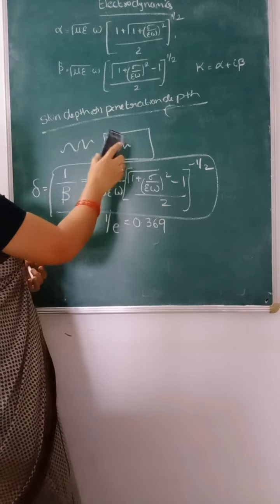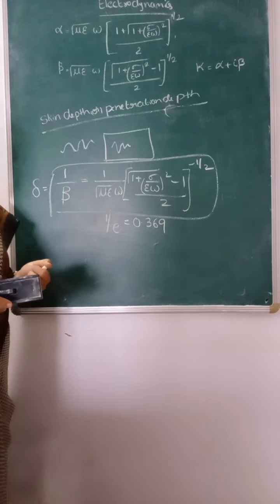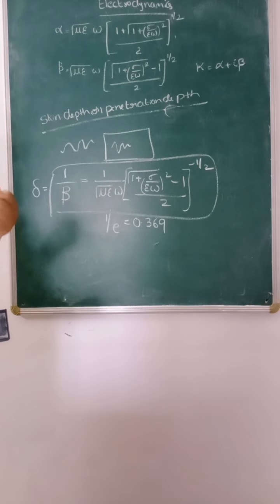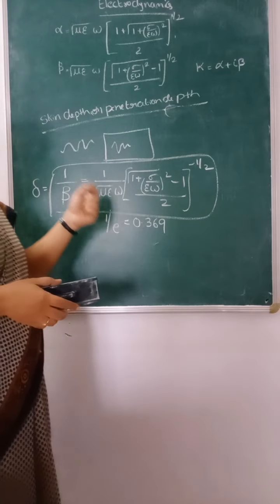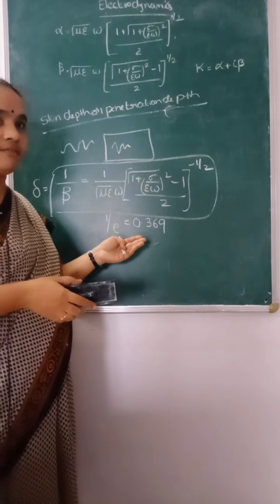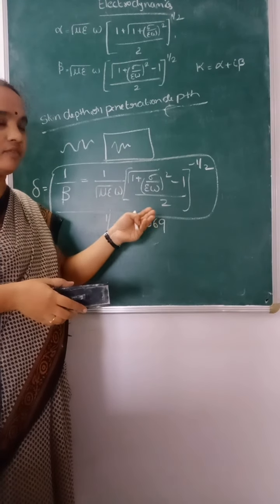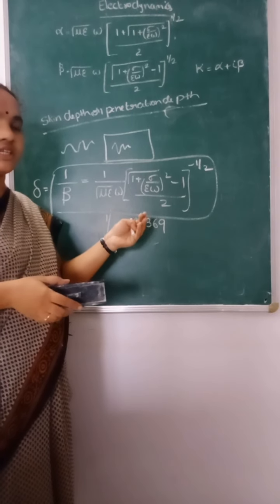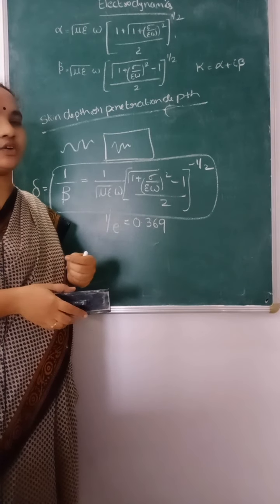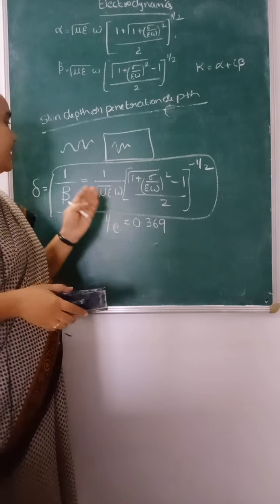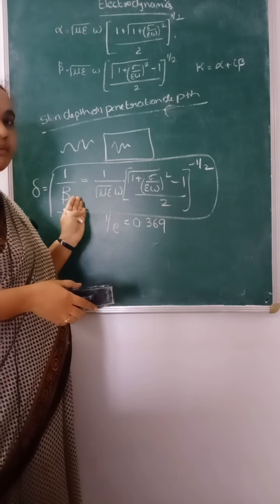Skin depth or penetration depth is the depth of the electromagnetic wave in the conducting media at which the attenuation of the plane electromagnetic wave takes place. It is measured with the factor 1 by beta.